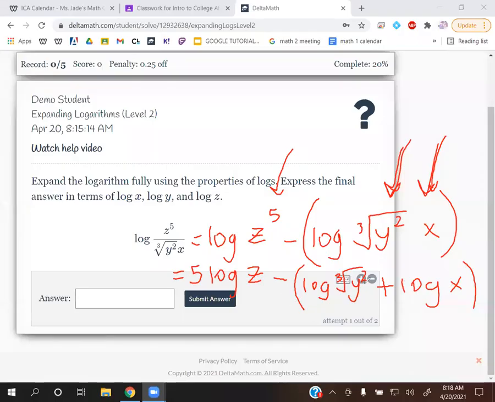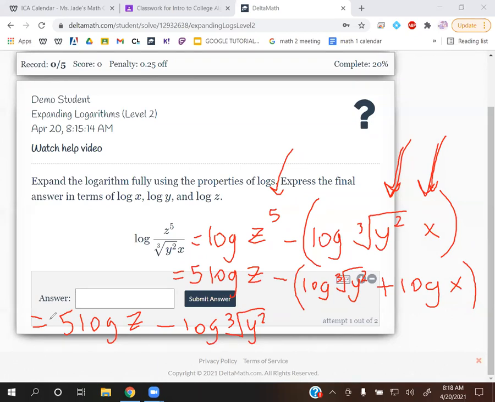All right, so from here, let's simplify this even further. Since we have a minus sign and then all of this stuff in parentheses, let's distribute this minus sign to everything. I'm going to start writing over here because that way I have more space. 5 log z minus, so we just subtract the log of the cubic root of y squared.